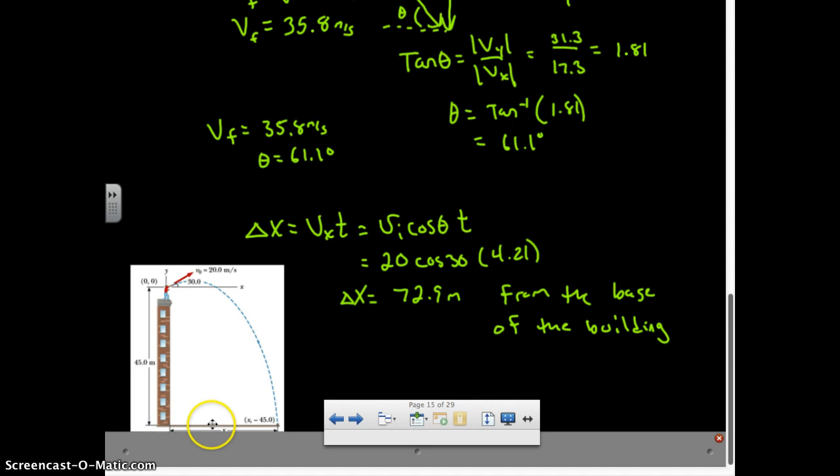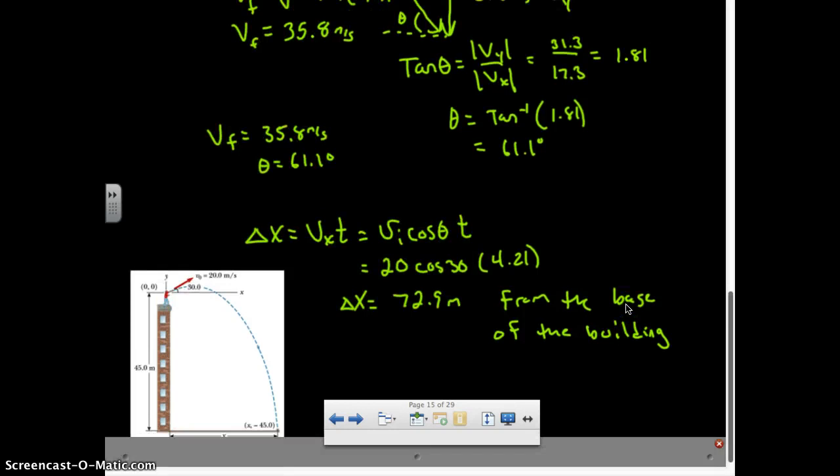It's just given by the x velocity times the time, since there's no acceleration in the x direction, which is our vi cosine theta times our time in the air. That gives us 20 cosine 30 times 4.21 seconds, so the rock would land 72.9 meters away from the base of the building. All right, that should be a problem that could help you get started on thinking through the rest of the projectile equations.